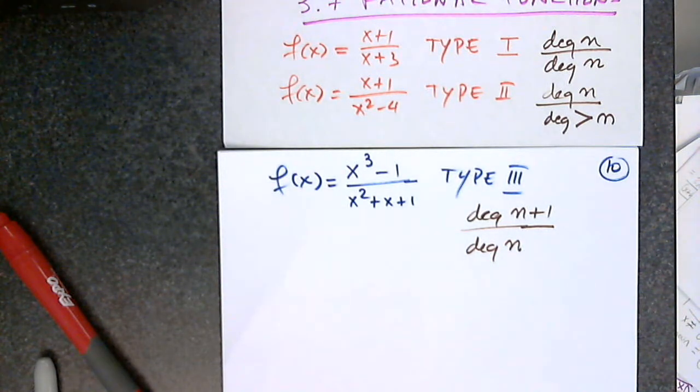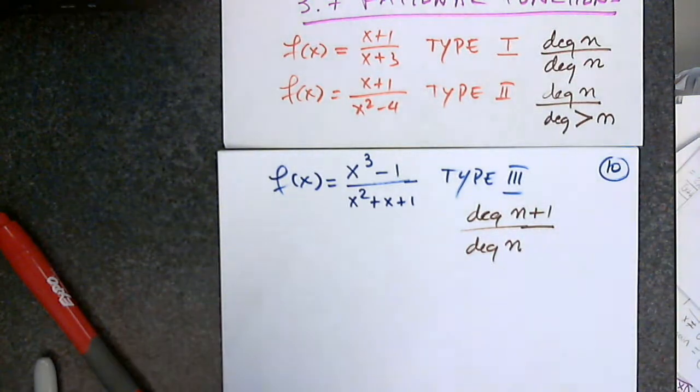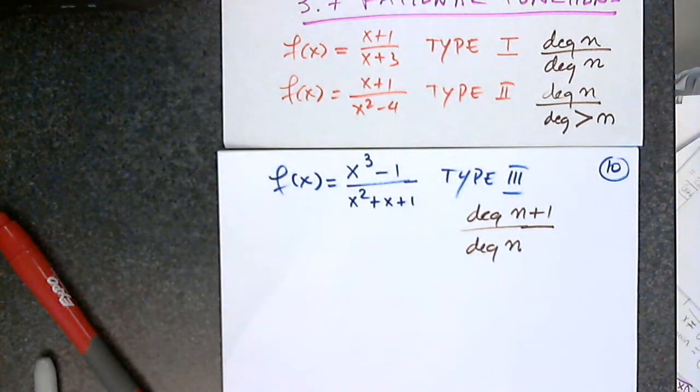Anything else we don't know how to handle in this class. Okay, this is it. That's all we can do. So we can do type 1, type 2, and type 3. And in type 3, if the top has degree 9, the bottom has to have degree 8. If the top has degree 3, the bottom has to be degree 2. The difference in degrees must be 1, and the top 1 more than the bottom.